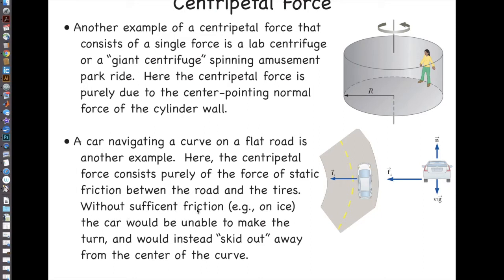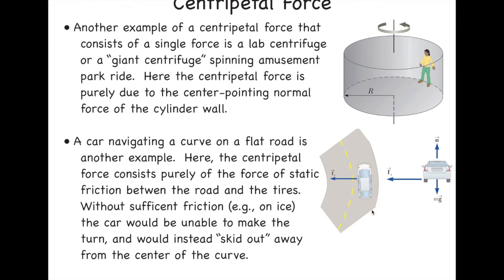So without sufficient friction, for example, if there were ice on the road, the car would be unable to make the turn and would instead skid out away from the center of the curve. So friction is the only force here that is keeping it from doing that, and it ends up pointing inwards towards the center of the circle.